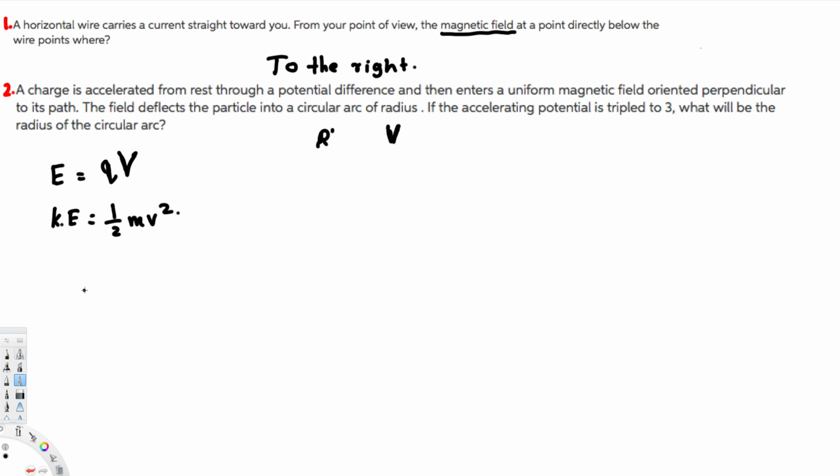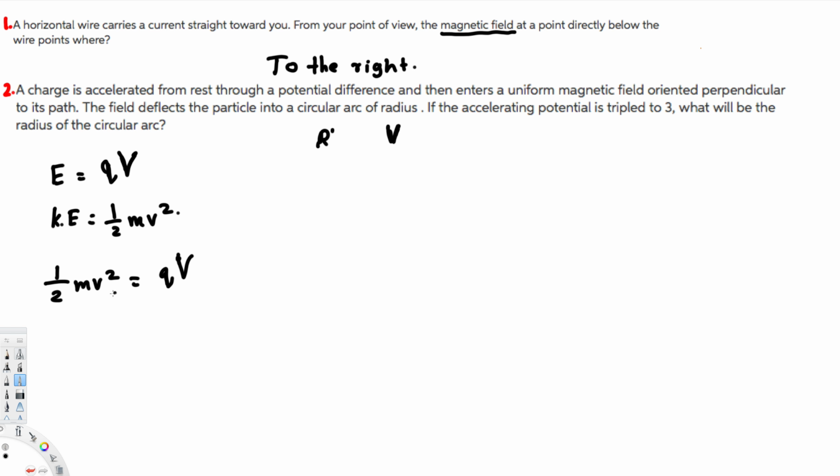So you can equate these two and find the relationship between velocity and potential difference, then connect it with the radius. Let's equate both of them. Half mv squared is equal to qV, where capital V represents potential difference and small v is velocity.